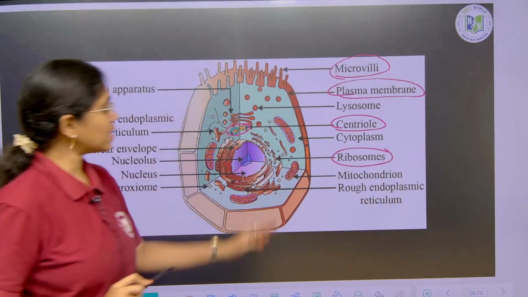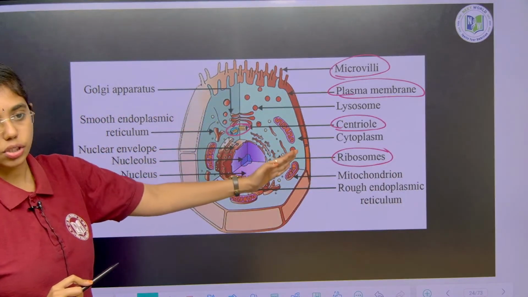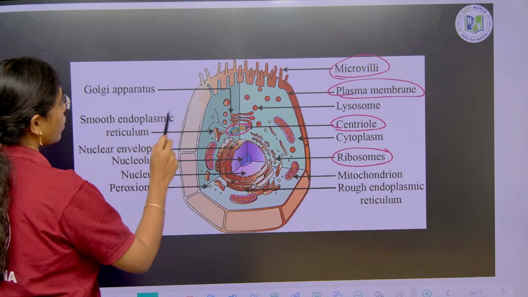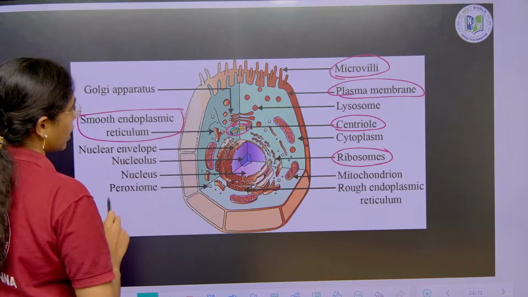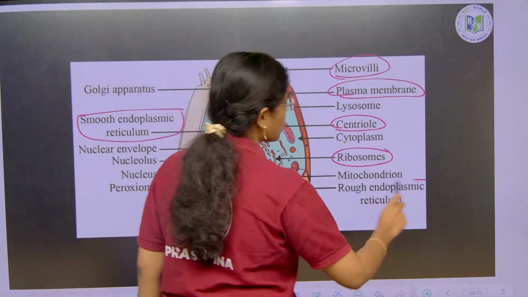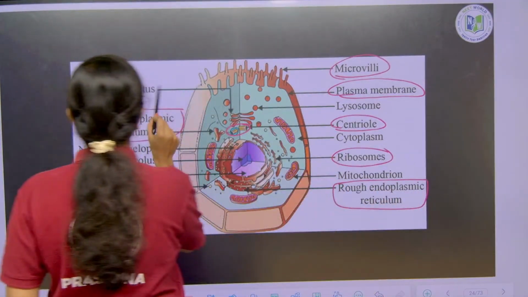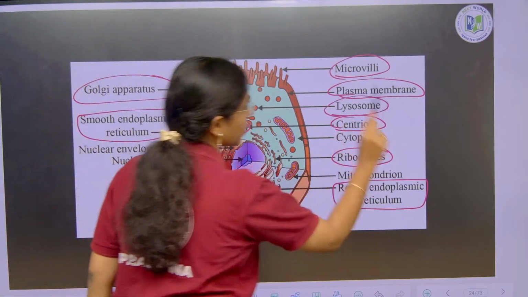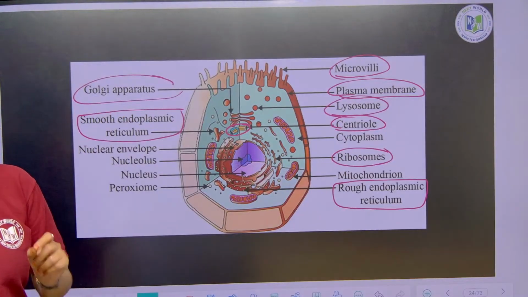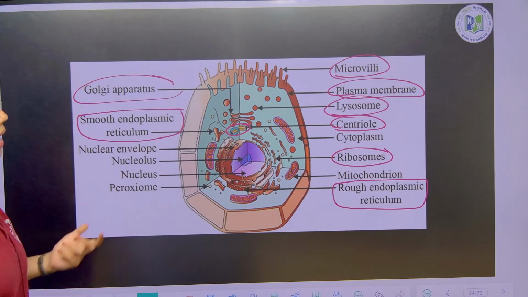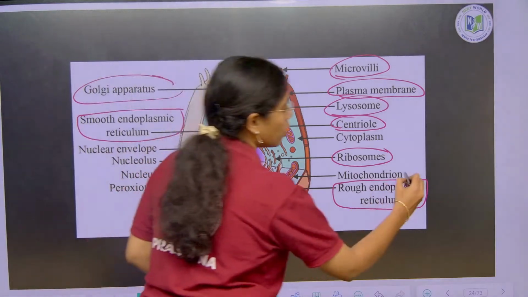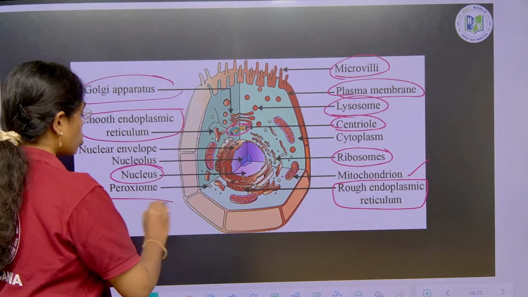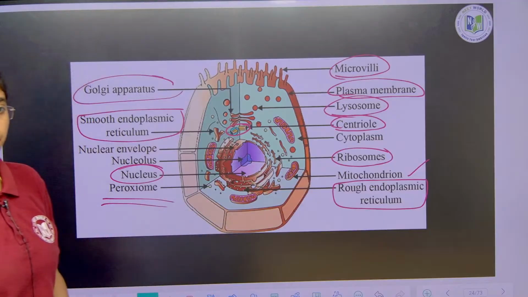Here also you can see the cytoplasm is compartmentalized with membrane bound organelles, and single membrane bound organelles include smooth endoplasmic reticulum, rough endoplasmic reticulum, Golgi bodies or Golgi apparatus and lysosomes. These all are single membrane bound organelles, and double membrane bound organelles include mitochondria and nucleus, that is all. Peroxisomes are also here, which are single membrane.